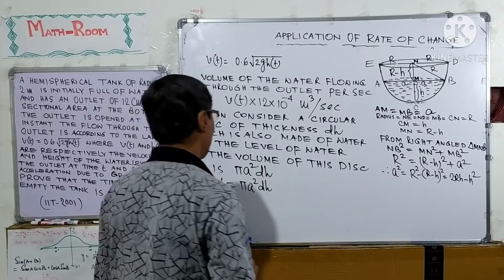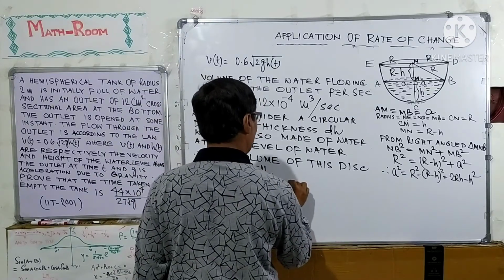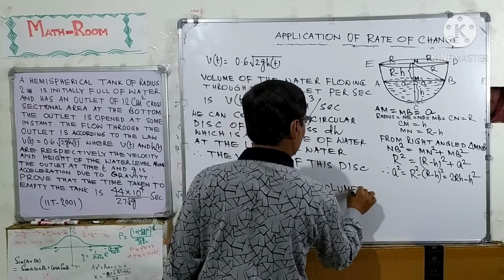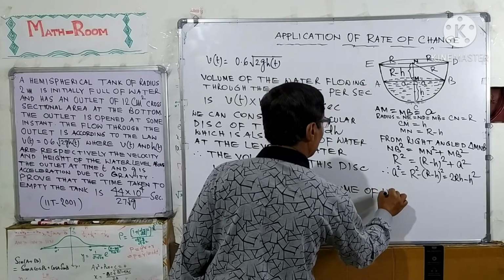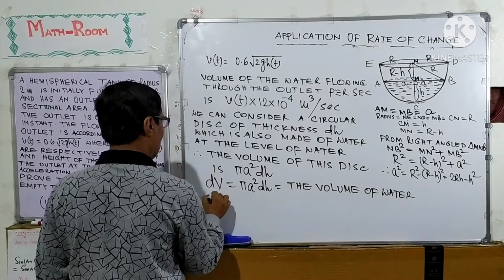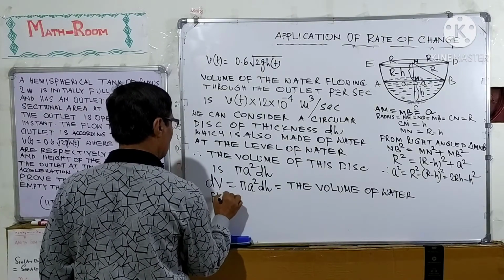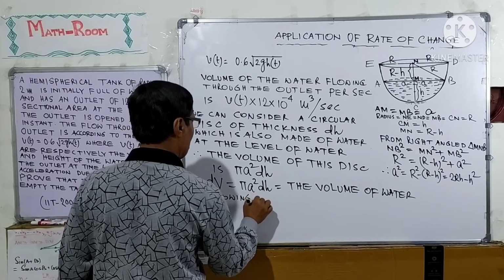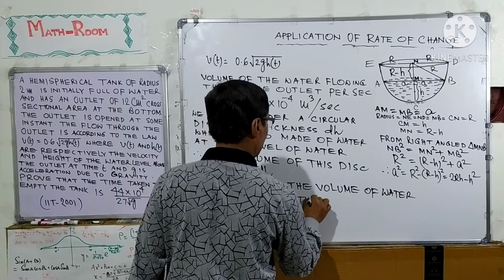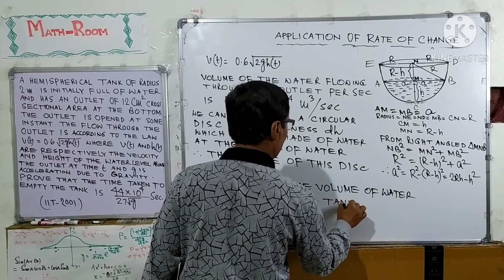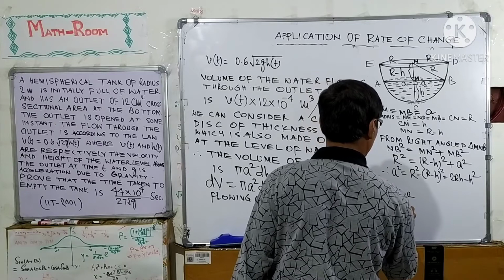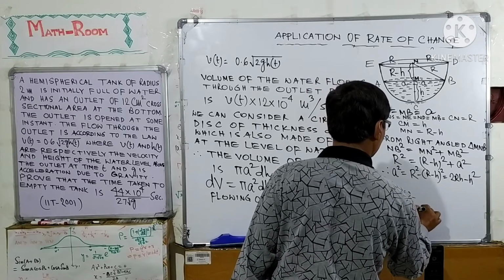This is the volume of water flowing out of the tank at time considered as dt.